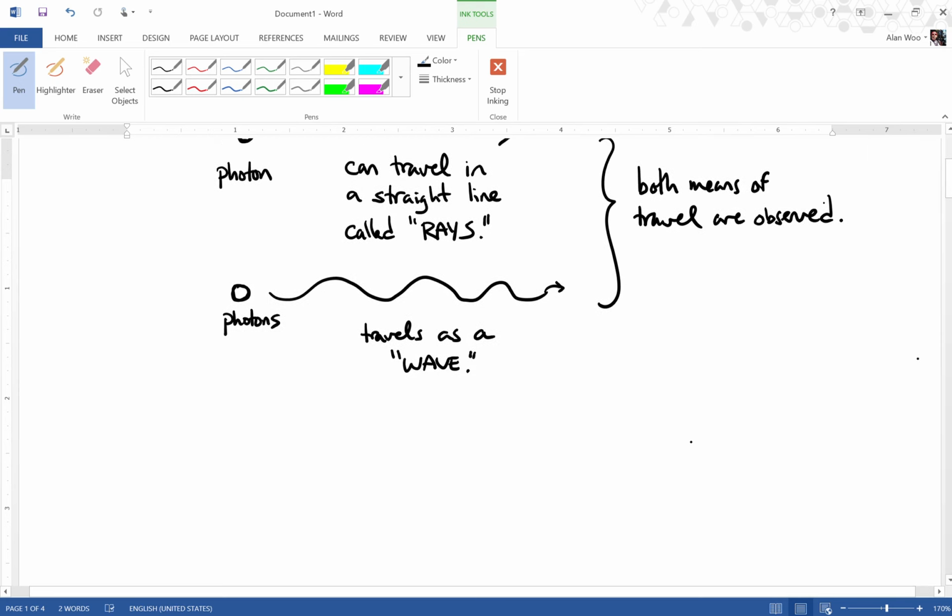But we don't see all types of light. Light, quote unquote, is made up of different parts of the electromagnetic spectrum.